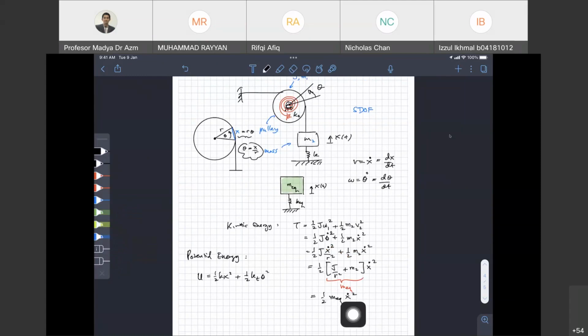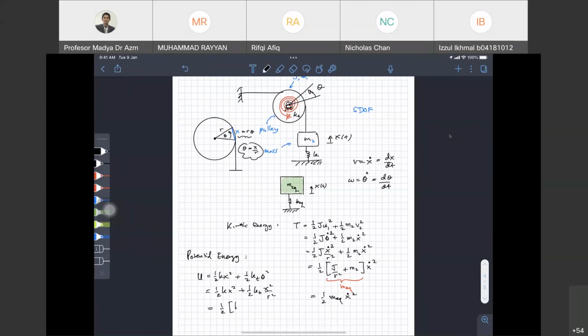Again, our reference is x here, the displacement of the mass too. So everything must be changed to x. So what is theta in terms of x? We have it here already. Theta equals x over R. So a half K x square plus a half KT times x over R, x square over R square.